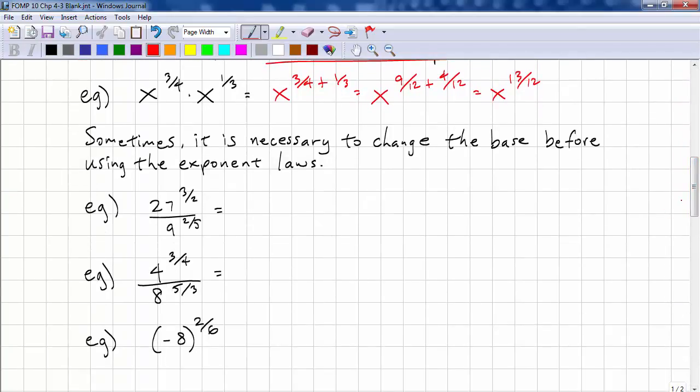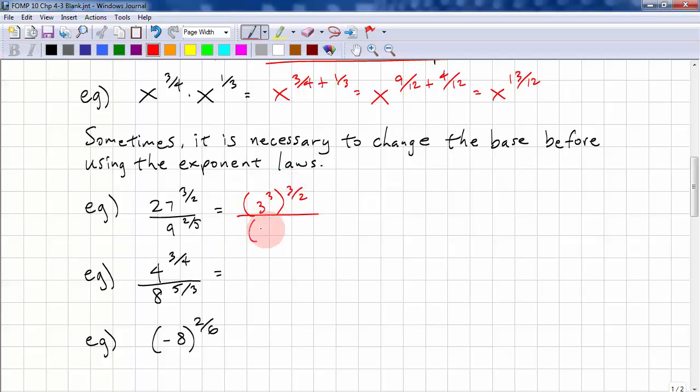Sometimes it's necessary to change the base before using the exponent laws. Remember, we require the same base. Okay? And 9 is not a similar base because this doesn't work well. So we have to go all the way down to 3. So 27 is 3 cubed to the 3/2.